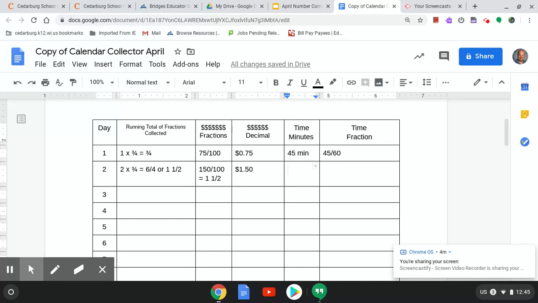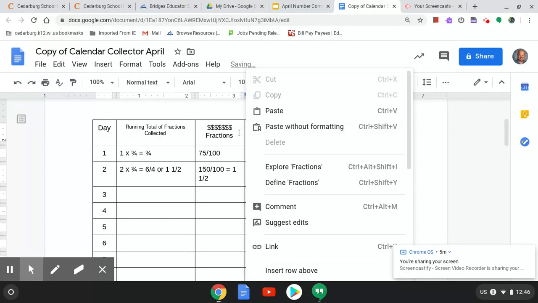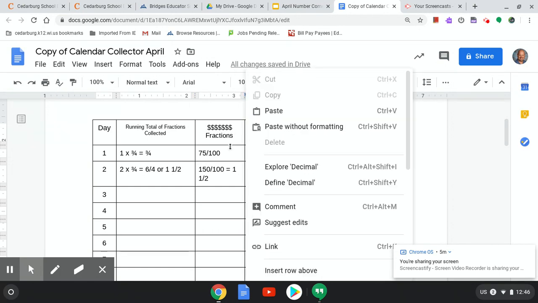And now think minutes. If I have 45 minutes for 1 3/4, how much would I have for 2 3/4? 90 minutes. Great job. So then what would that look like as a fraction? I can probably stretch that out just a little bit, so you might want to do that with your document. Maybe we can put it all on one line.